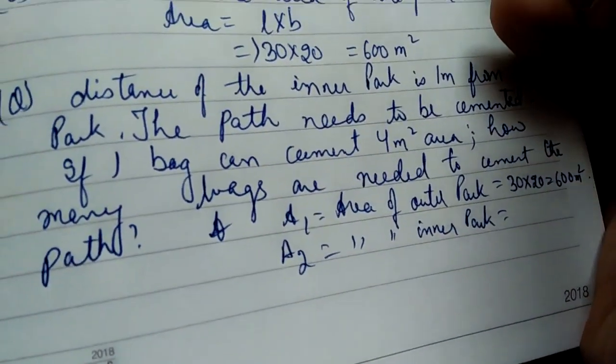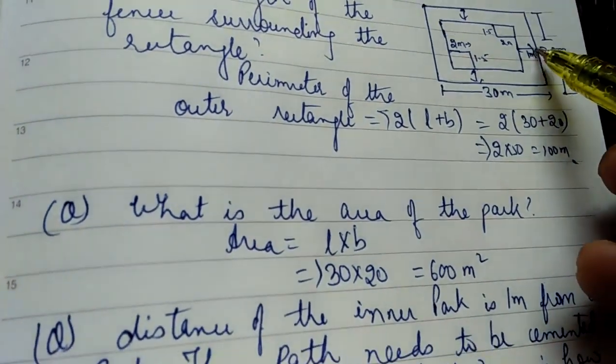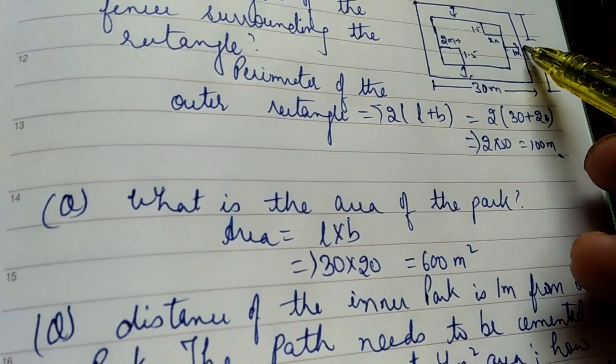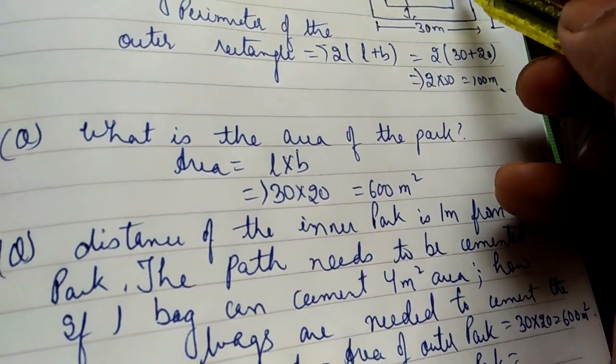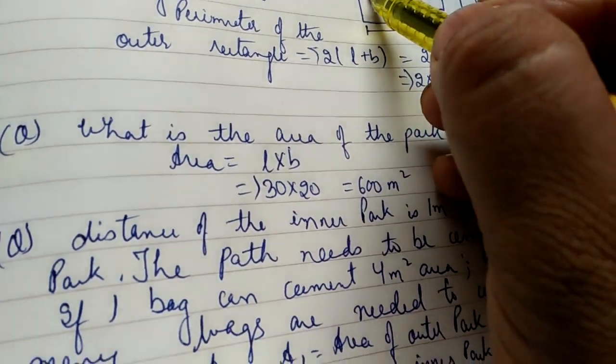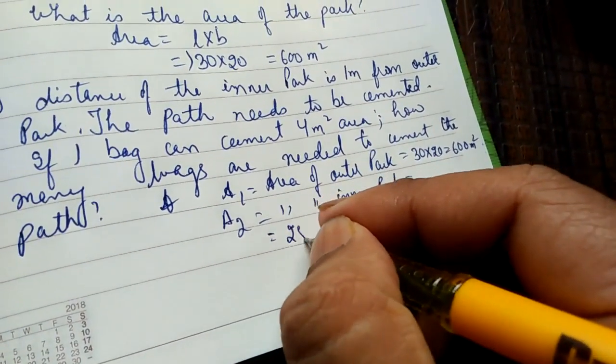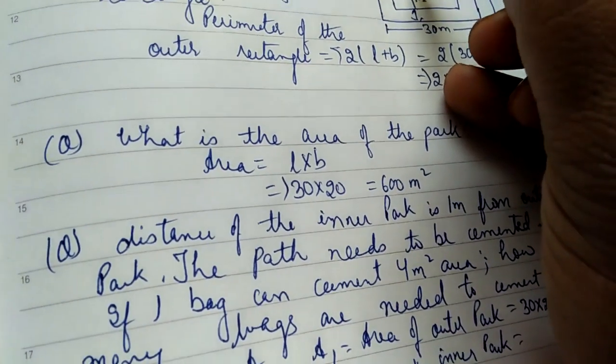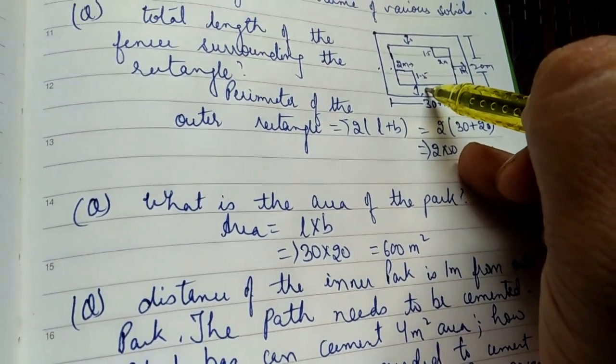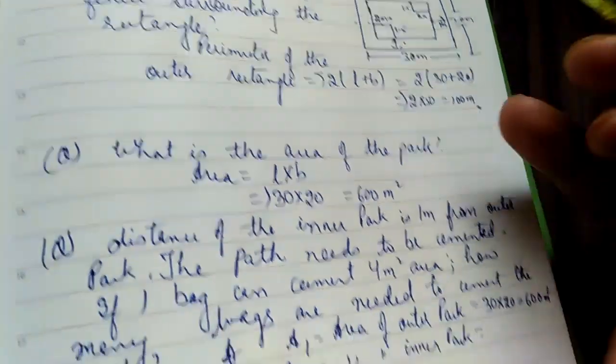So it is 1 meter inside it, 1 meter on this side, 1 meter on this side. So this length will become 28, and 1 meter on this side, 1 meter on this side, its breadth will become 18.